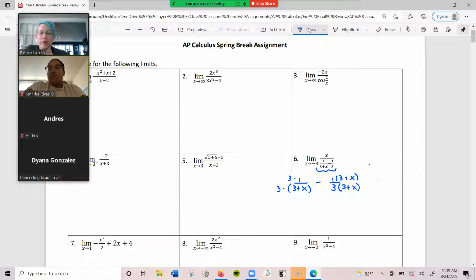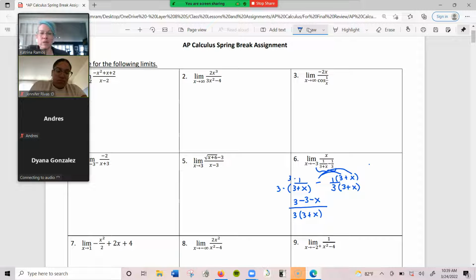So in the numerator, what you have is 3 times 1, so 3, minus, and then you have 1 times 3 plus x, which is 3 plus x, but it's minus that. So think about distributing the negative. So this would be minus 3 minus x, all over 3 times 3 plus x. Is that good so far?